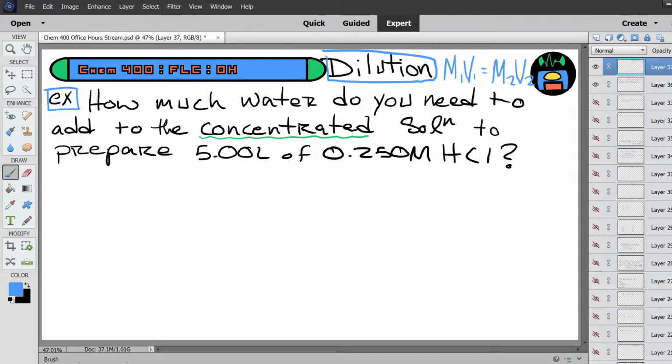And you'll notice that in this problem, we have our final volume and our final molarity. We're being asked about volume.